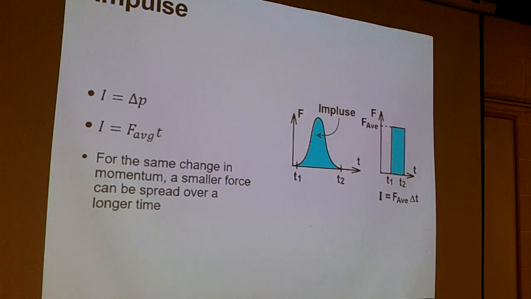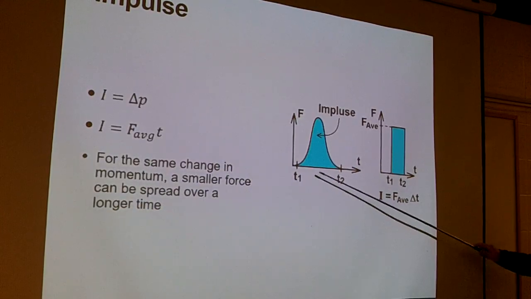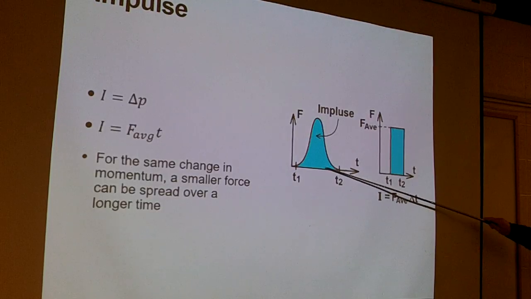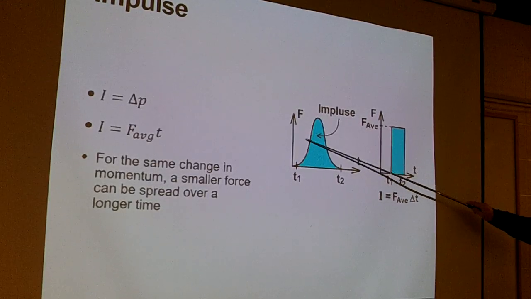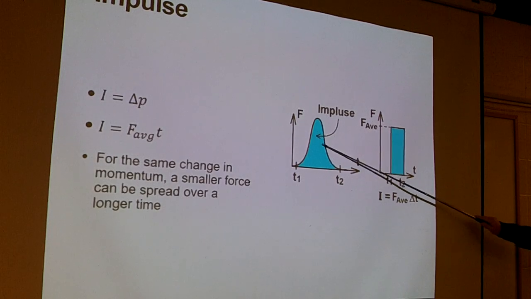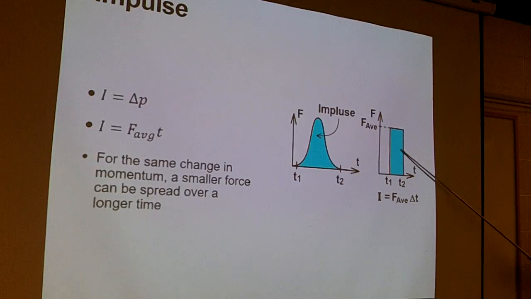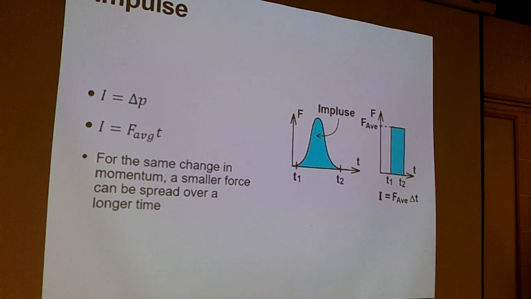If you look at it graphically, the impulse is this particular area. The area itself, the integration area, is called impulse. Now we can approximate it with the average force, and we get I equals F average times delta t.